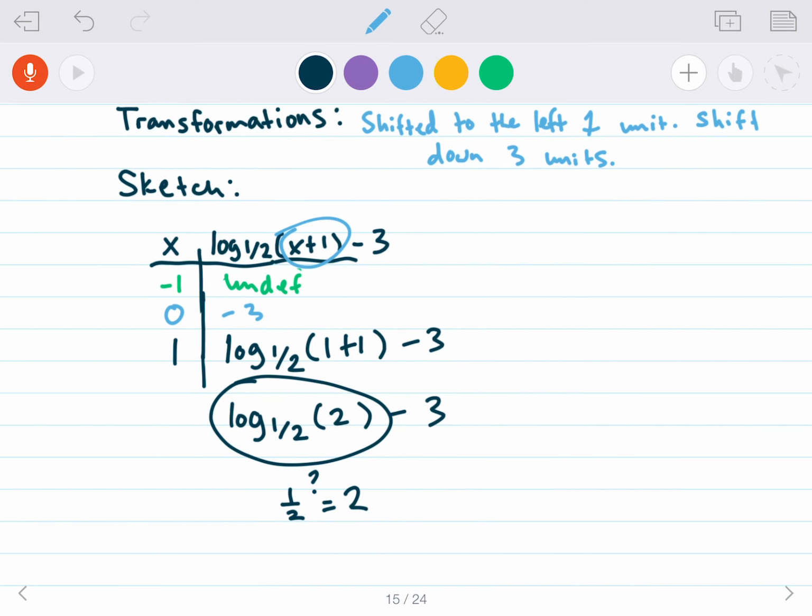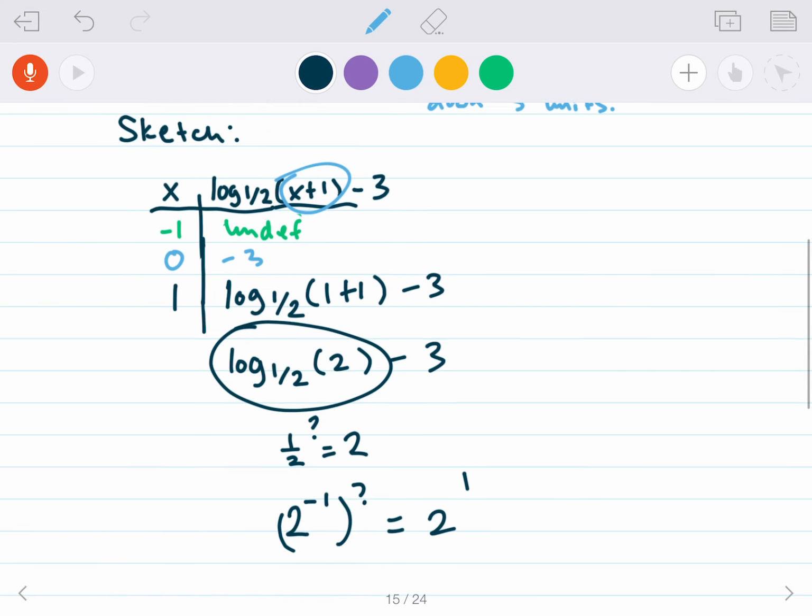We could think of 1/2 as 2 to the minus 1, right? If 1/2 is 2 to the minus 1, then we have 2 to the minus 1, question mark, is equal to 2 to the first. What does the question mark have to be in order to make this true? It has to be -1, right? Because -1 times -1 is going to give us +1. So our answer here is -1. So this all goes to -1. All right?